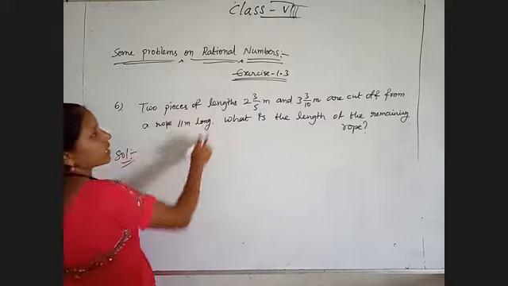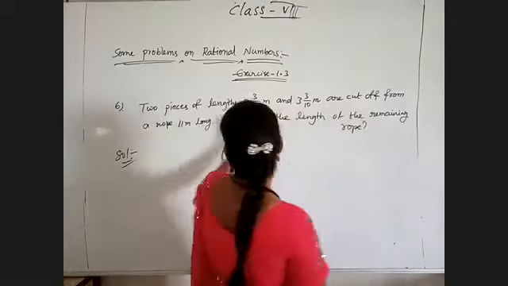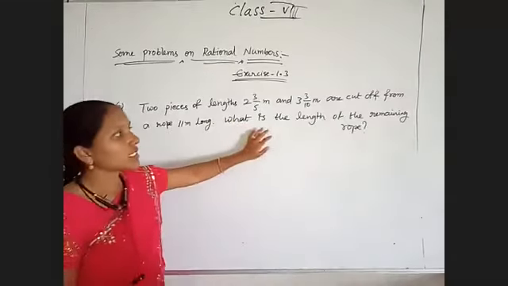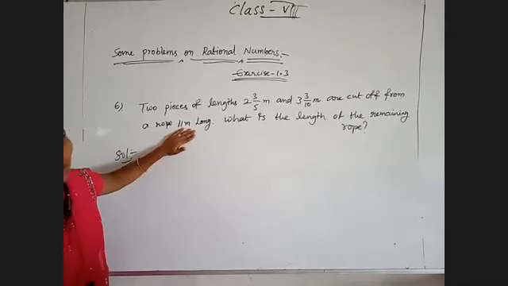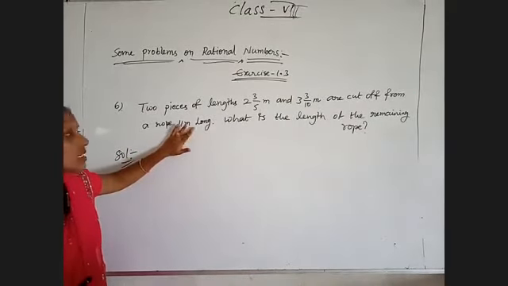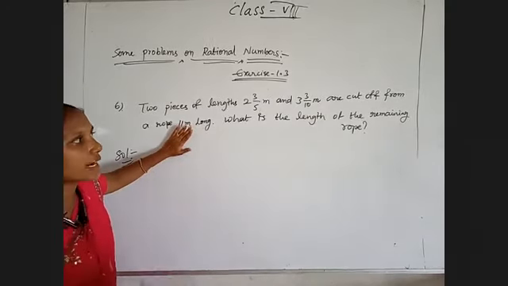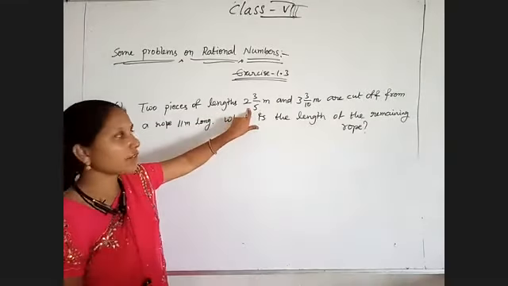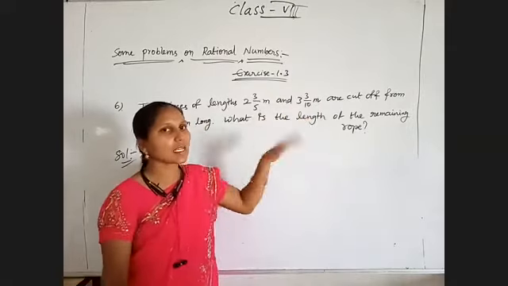Two pieces of length 2 3/5 meters and 3 3/10 meters are cut off from the rope of 11 meters long. What is the length of the remaining rope? Means this 11 meters rope is divided into three parts. First part length is 2 3/5 meters and another part is 3 3/10 meters. What is the remaining length?